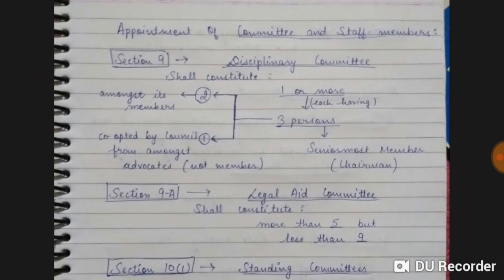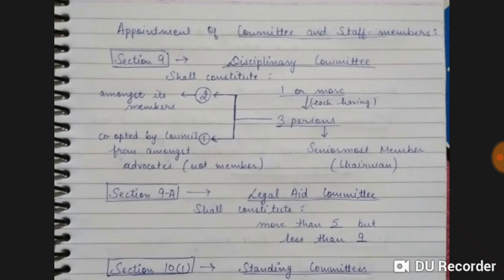Disciplinary Committee of Bar Council of India. Disciplinary committee can be one or more, and it shall constitute of 3 persons, out of which 2 must be amongst its members, and 1 will be the person co-opted by the council from amongst the advocates.